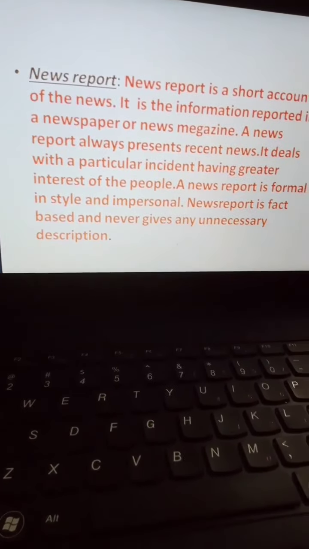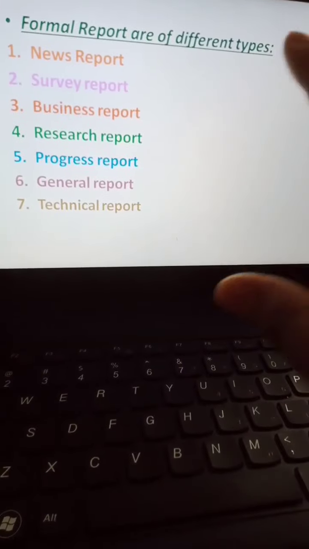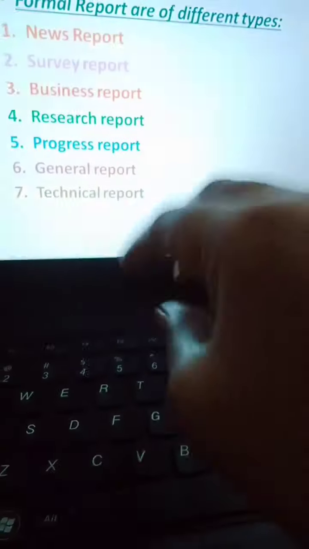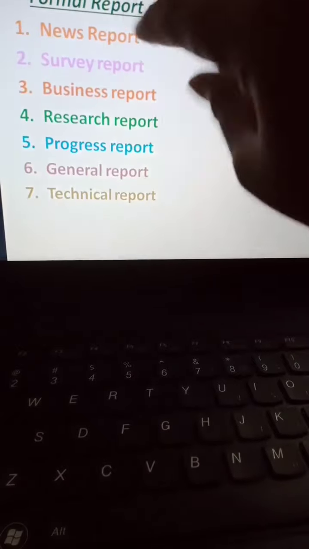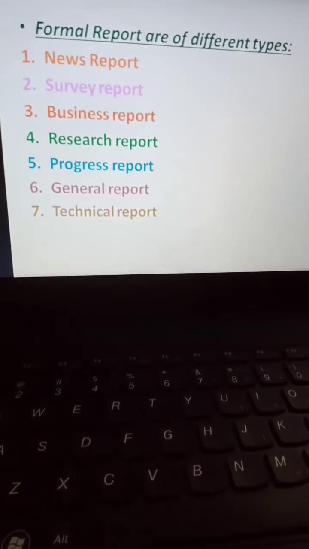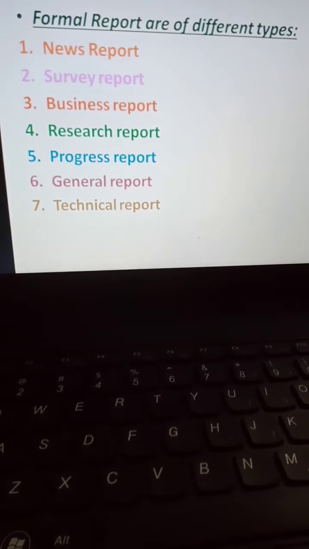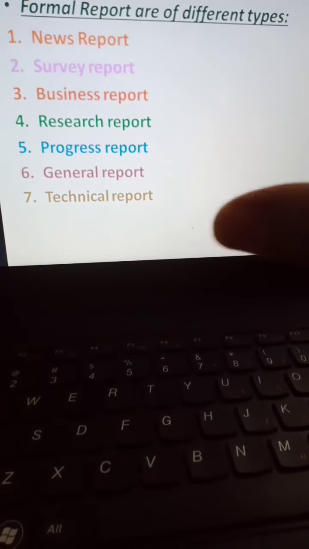Okay, so one thing is important, that among these 7 reports, these 3 reports, news report, survey report, and business report, are very important. That is why in this class I will discuss these 3 types of reports.